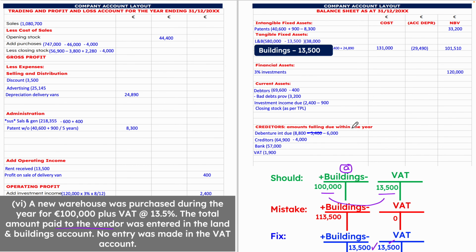Right, how's it going to look in the accounts? So we're going to minus the 13,500 from buildings, and the VAT we're going to debit 13.5. So in the trial balance, it was on the credit side, which is the liability, which is why we put that here. Now it was 1,900.